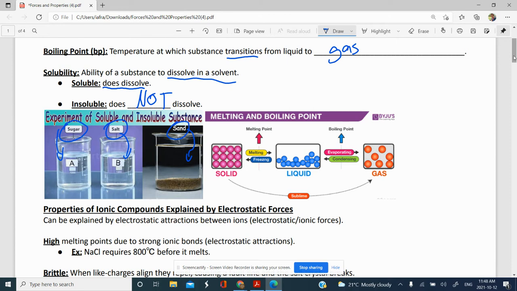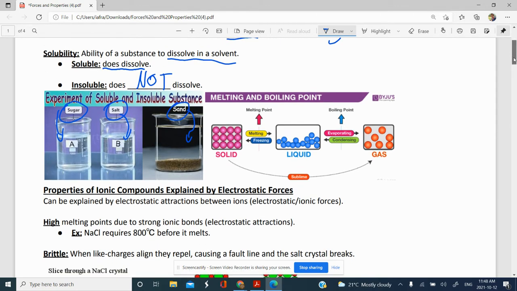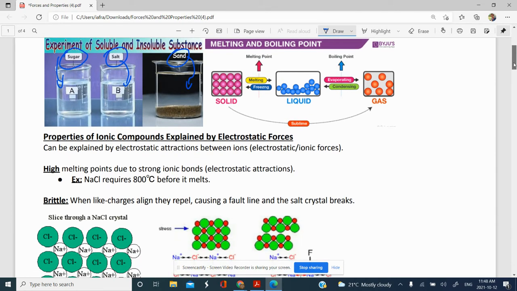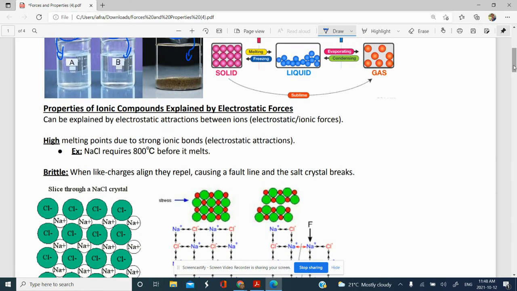So make some relative guesses for various compounds depending on their intermolecular forces. Before this lesson, you should have a good idea of how intermolecular forces work and the types of intermolecular forces found in different molecules. So you should review that lesson with LDF, hydrogen bonding, dipole-dipole, and so on.